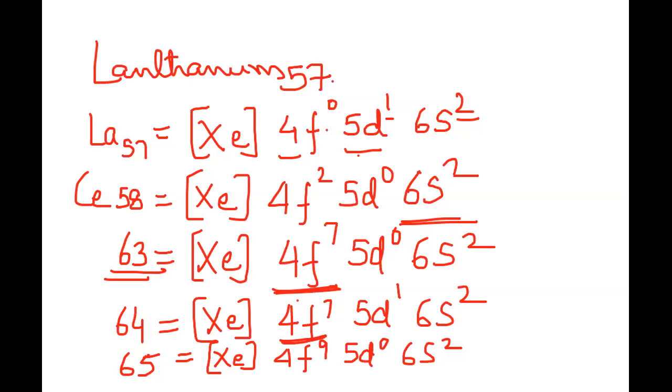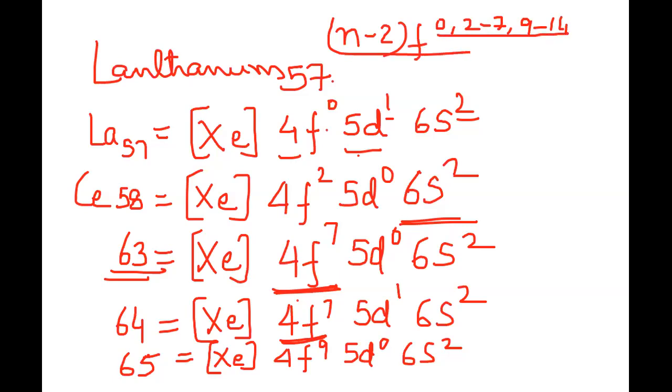Now, if you see in these cases, the electronic configuration in general is written as (n minus 2) F shells being filled up, which will have an electronic configuration of 0 or 2 to 7, or 9 to 14. Any one of these is allowed. N minus 2 is 4F in this case.